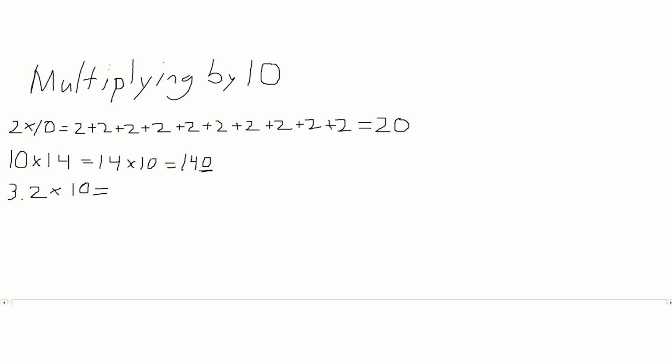In this case, you'd have 3.2, and you move the decimal point over to the right, which will then give you 32.